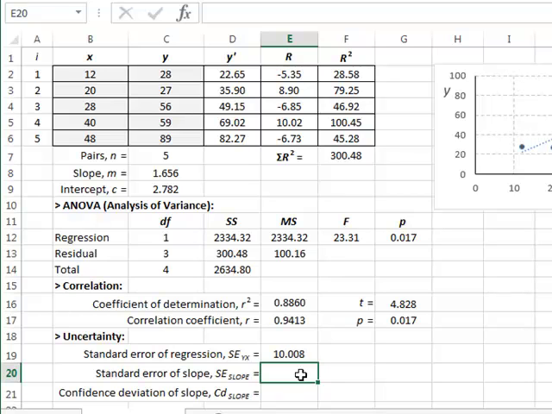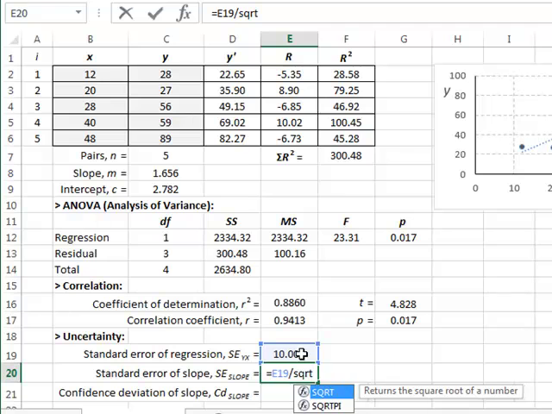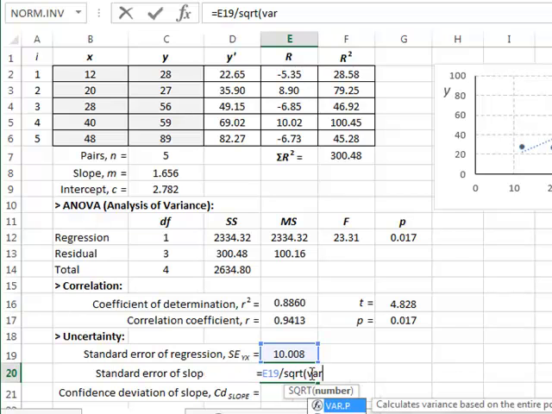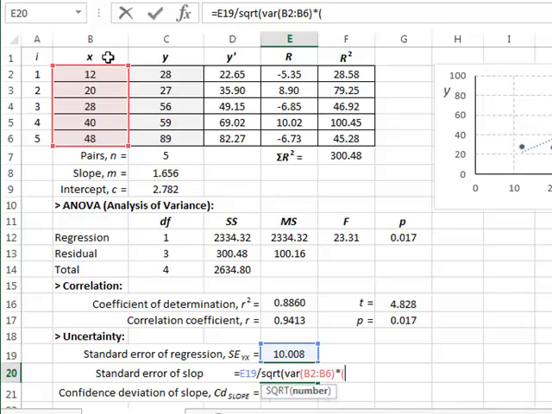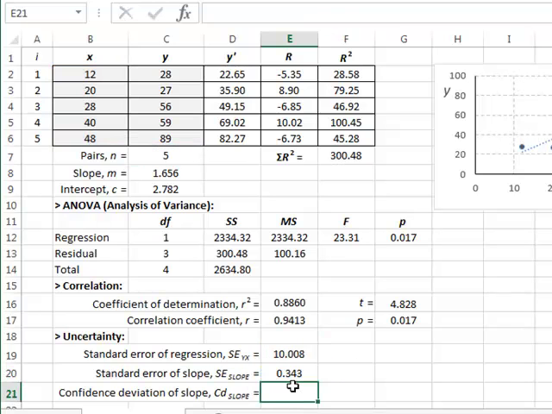And for example, for the standard error of the slope, we divide the standard error of regression by the square root of the sums of squares of the x variation, which we get by taking the variance of the x values and multiplying by the number of values minus 1, C5 minus 1.